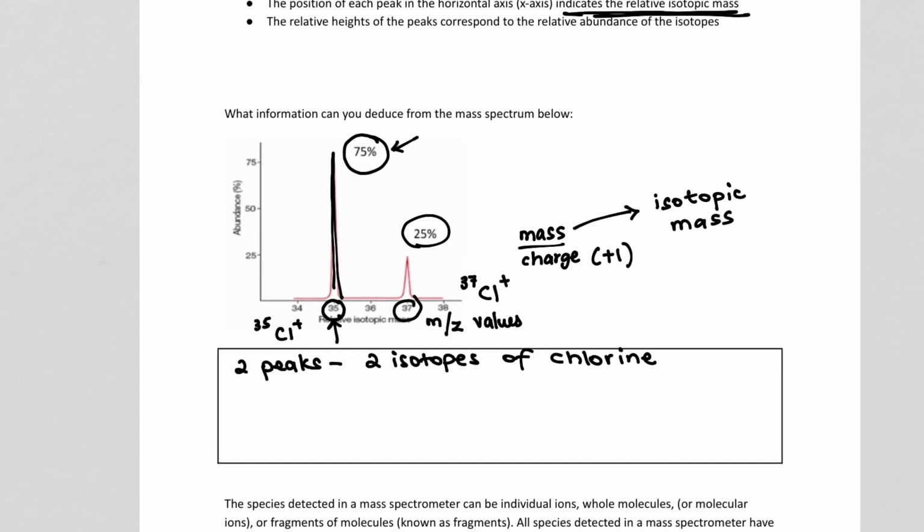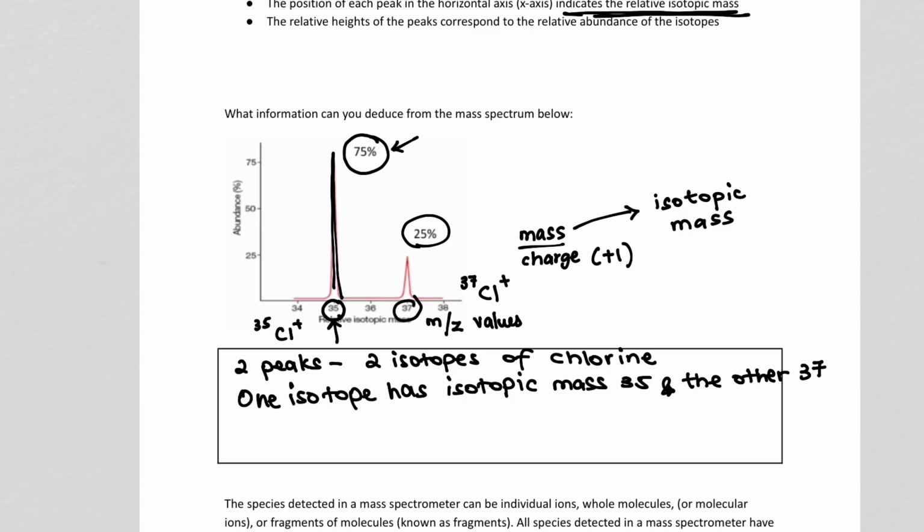It's referring to this, the position of each peak on the x-axis. And the relative height of the peaks corresponds to the relative abundance. So you can see the percentage abundance here. And these are the three pieces of information that you can deduce from this mass spectrum.